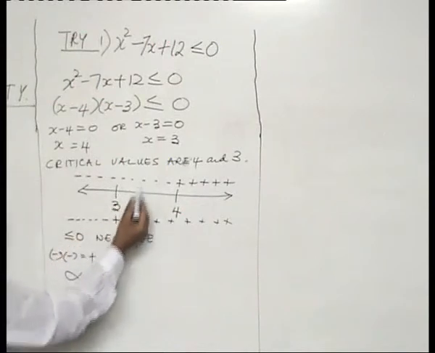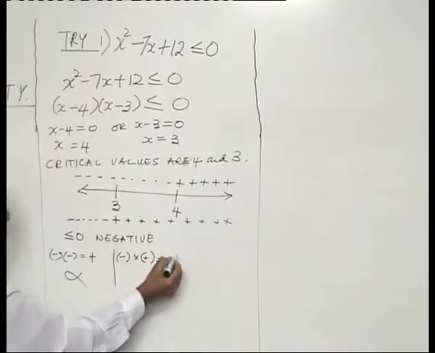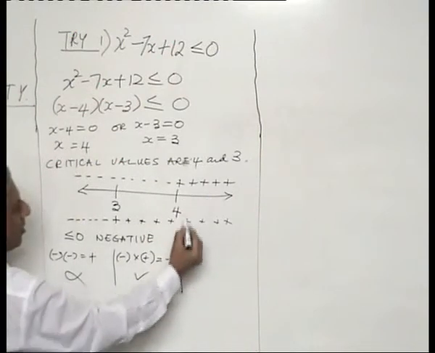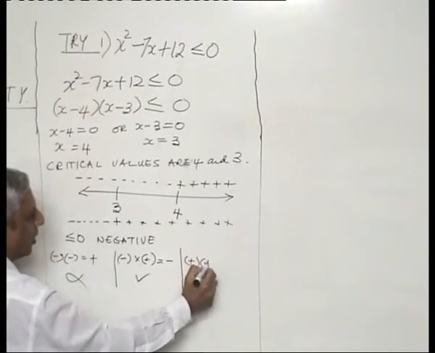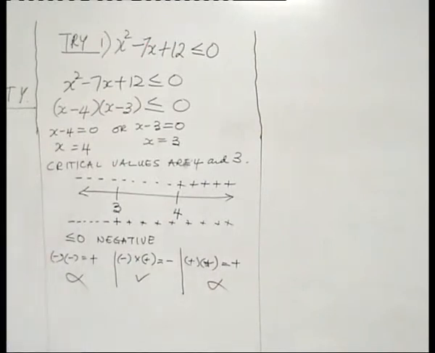Now, here, a negative times a positive gives us a negative. So, this is where the answer is. And finally here, positive times positive gives you positive, so we're not looking for that, so the answer is not there.